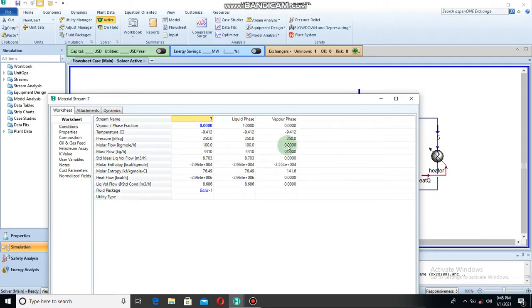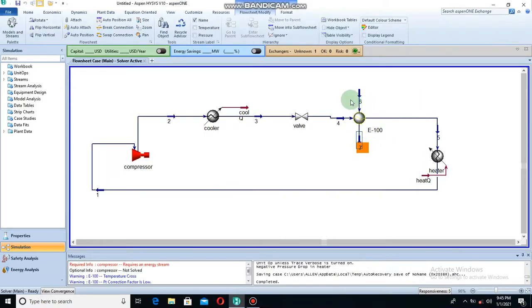Our flow still remains the same. So that's the job, to retrieve heat. It has done the heat reduction from this stream 6 and out on stream 7 at minus 9 degrees.